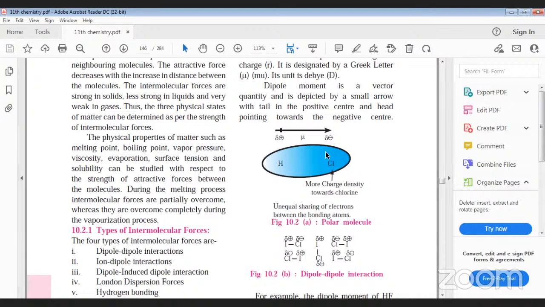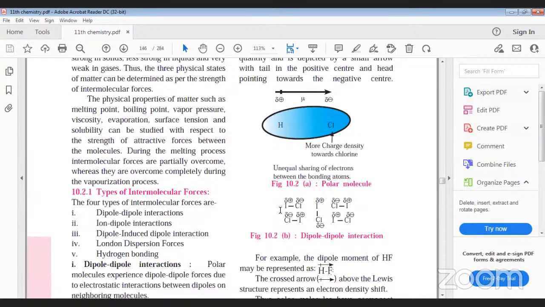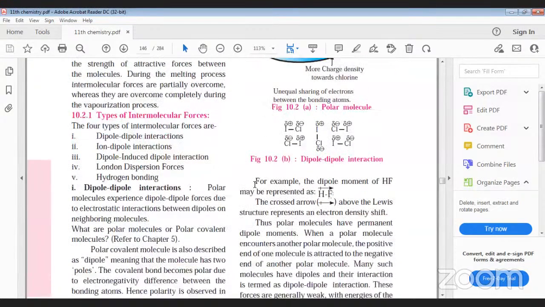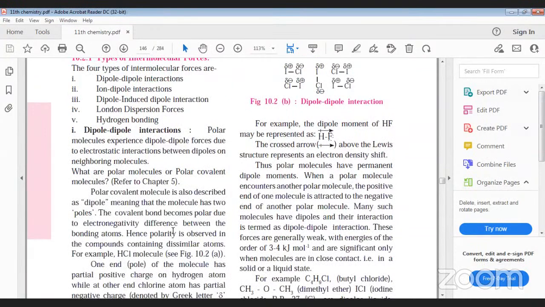So like that, fluorine will have a negative charge, hydrogen will have a positive charge. In the same way you can see another example of a polar molecule, iodine and chlorine. Between these two, iodine has a positive charge and chlorine has a negative charge. So such polar molecules, when they undergo interaction, it is called a dipole-dipole interaction.